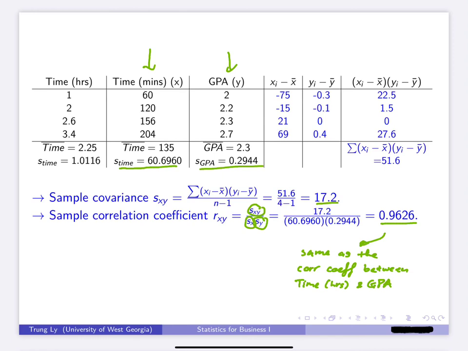So the correlation coefficient can be used to compare the strength of the relationship between different pairs of variables.